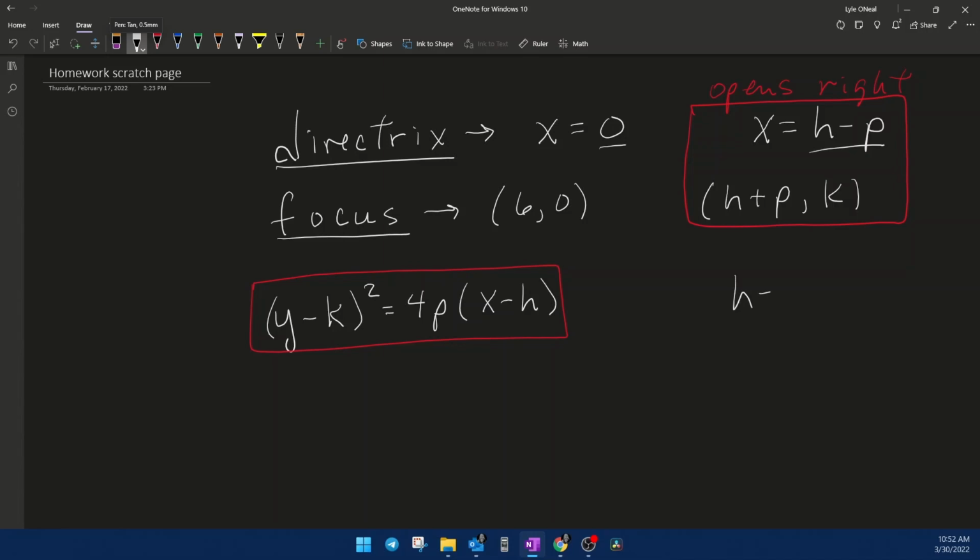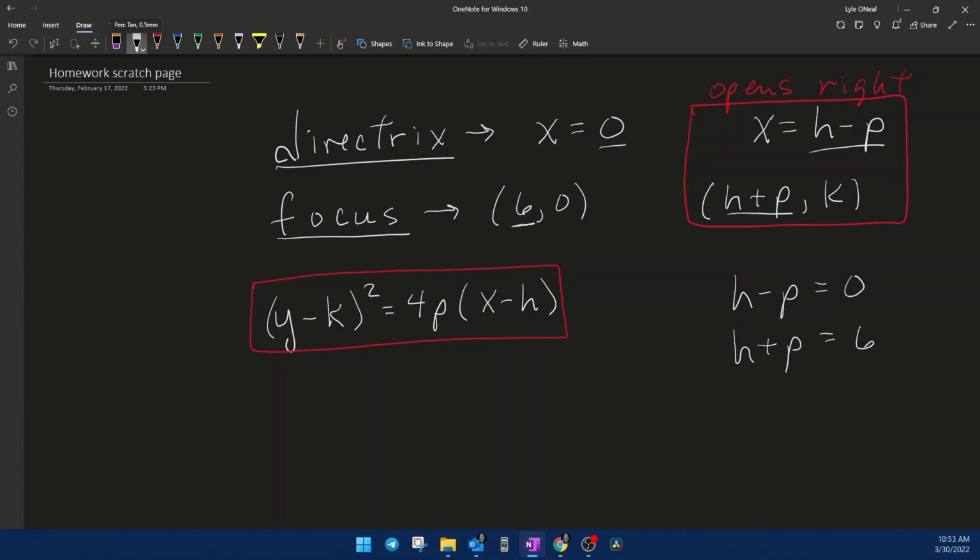That would say that h minus p is 0. Also notice that from the focus, h plus p is the x-coordinate of the focus, which our x-coordinate was 6. And so again, we can extrapolate an equation from that that would say h plus p equals 6.